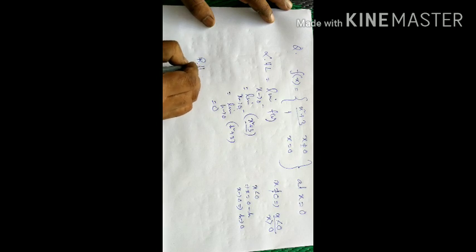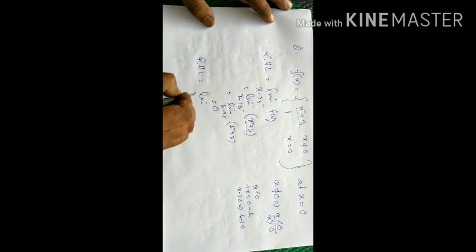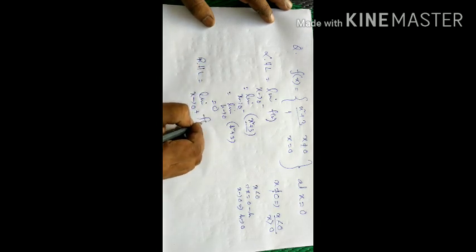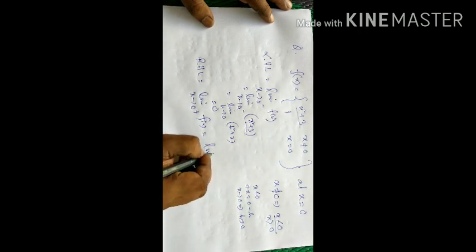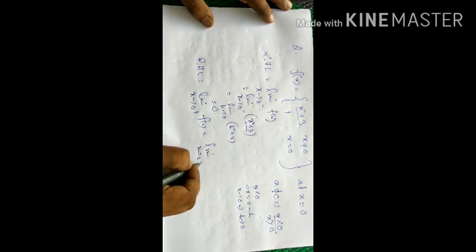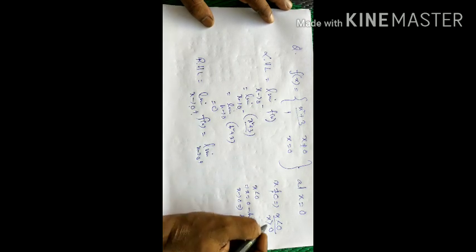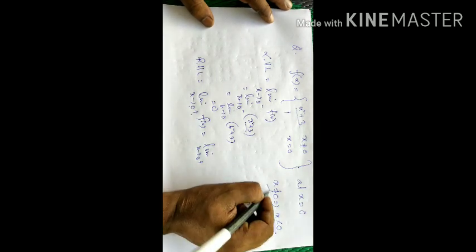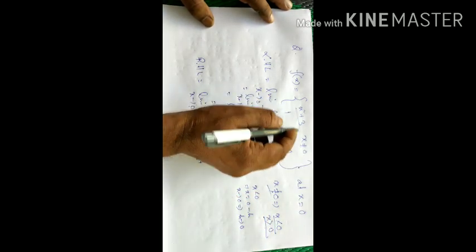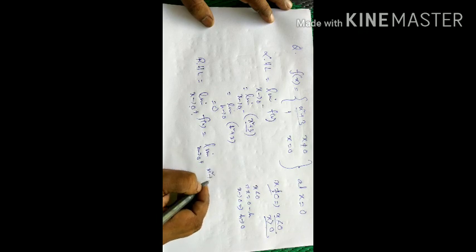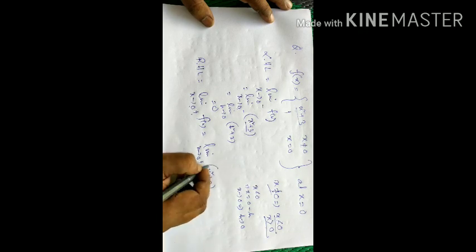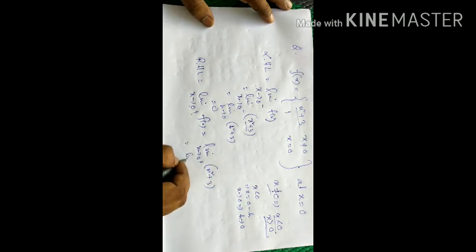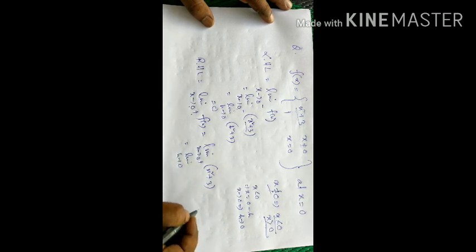The right hand limit will be similarly limit x tends to 0 plus, which means x is greater than 0. x is greater than 0 means x not equal to 0. That means again the function is x square plus 3, and here you write limit h tends to 0.